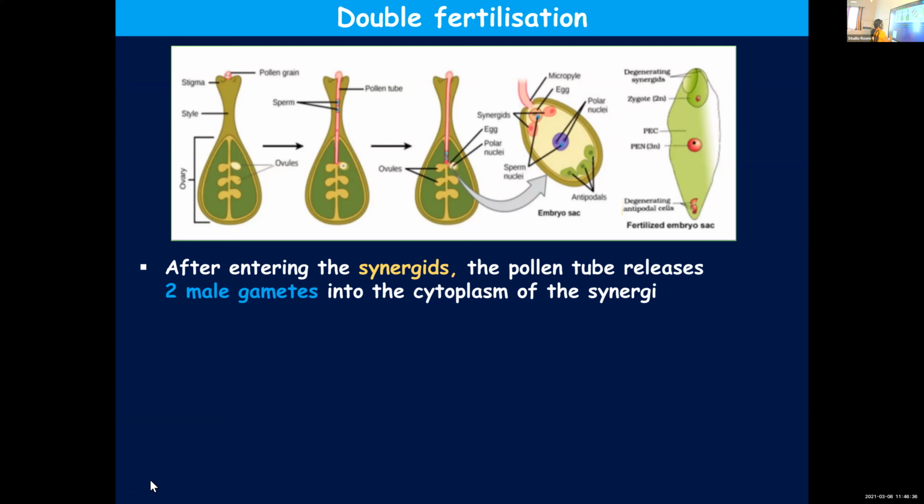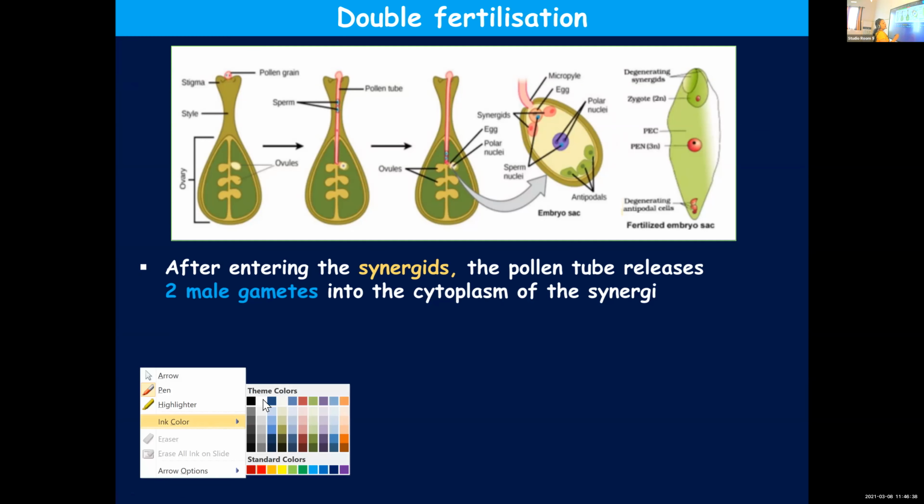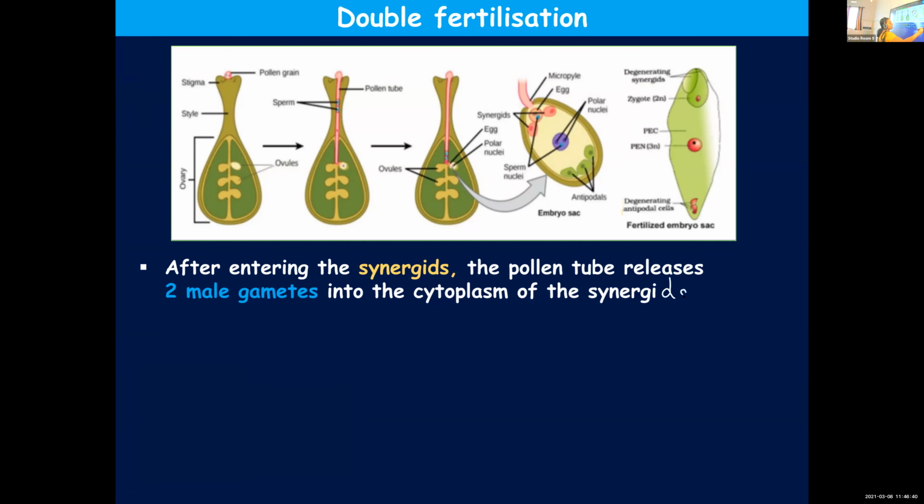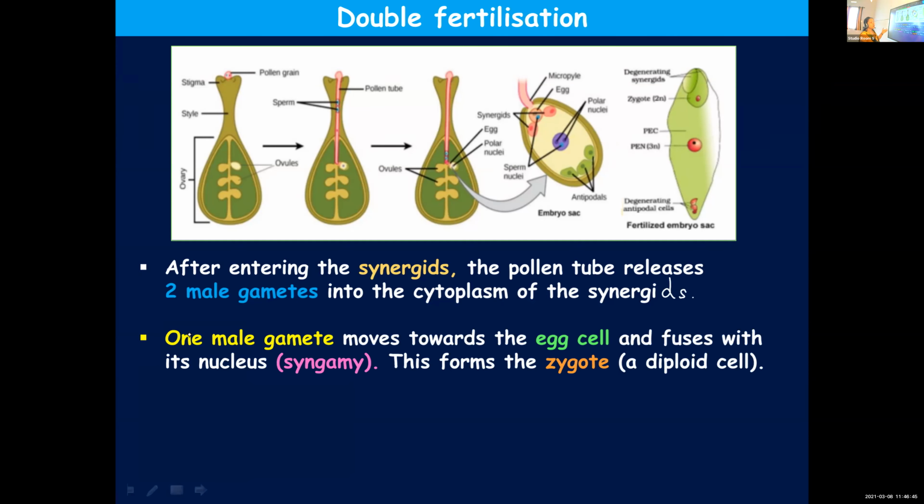From the cytoplasm of the synergids, one male gamete will move to the egg cell present in the middle of the two synergids.